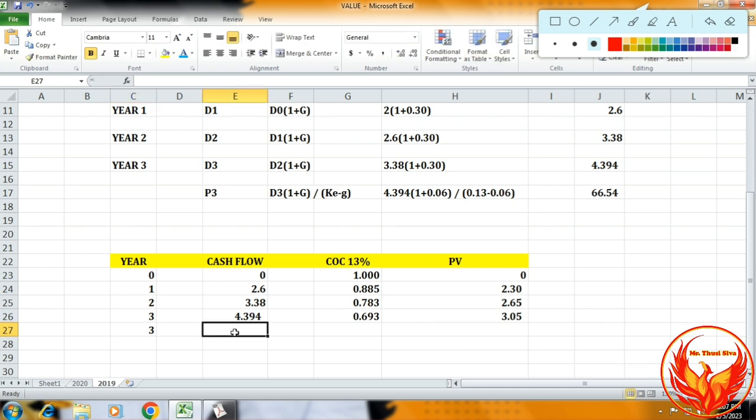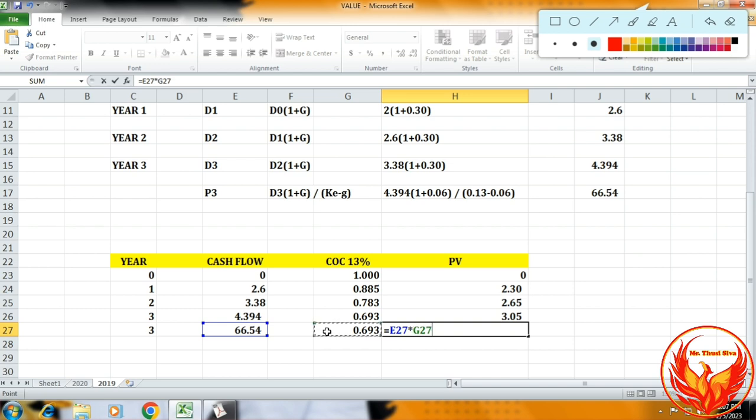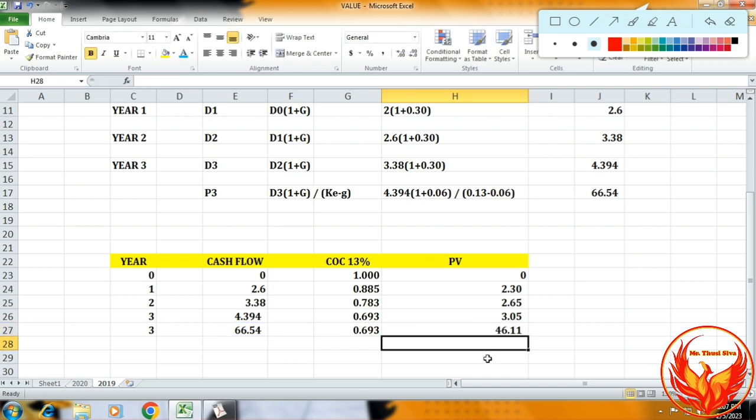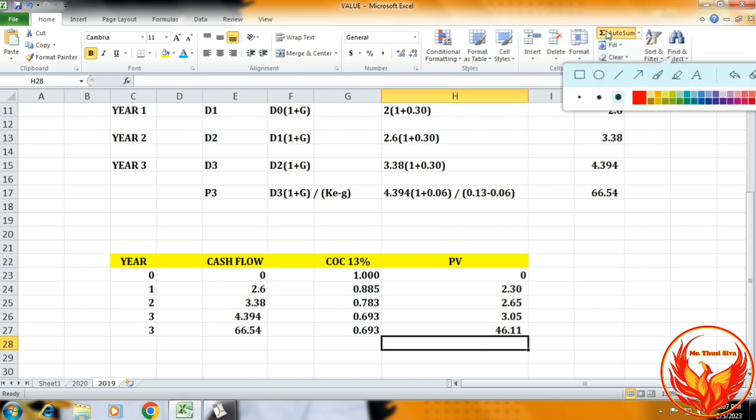And finally we have to calculate P3, the stock value in the third year. We have already calculated 66 rupees 54 cents. With the same cost of capital for the third year, the present value is 46.11 rupees. So the total present value is 54.11 rupees. This is the answer.